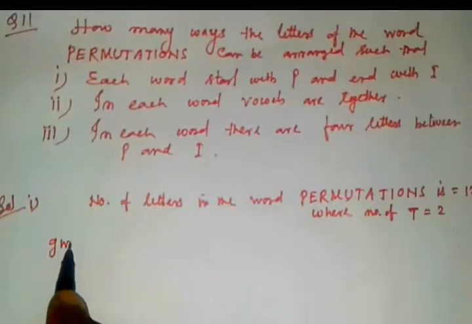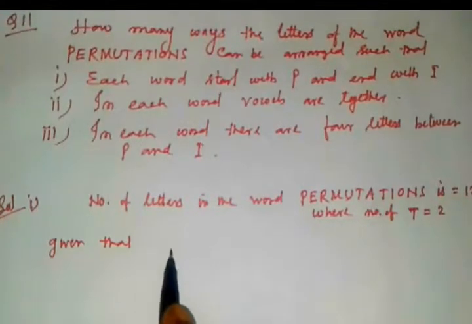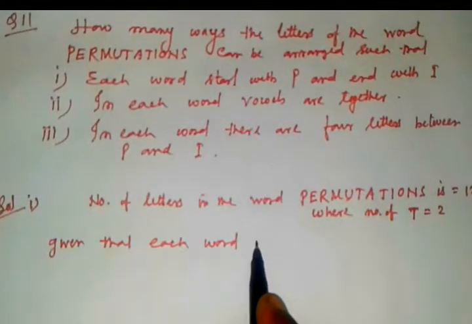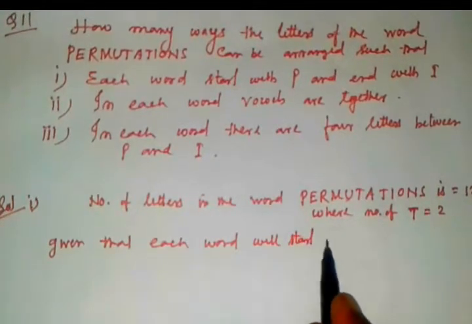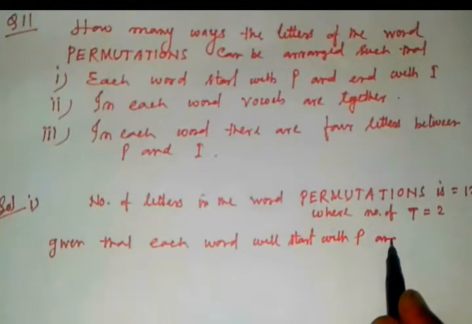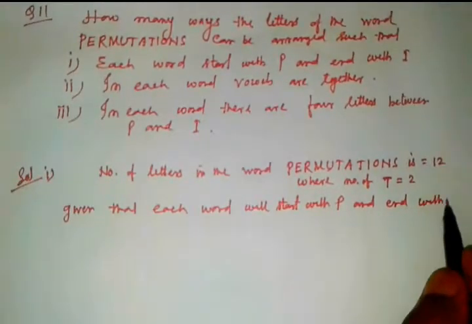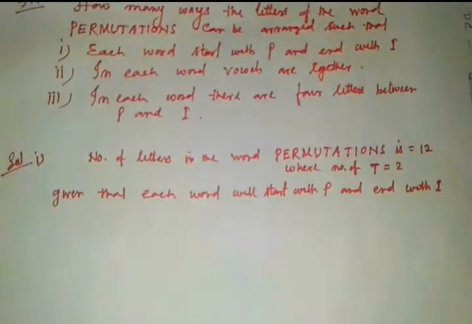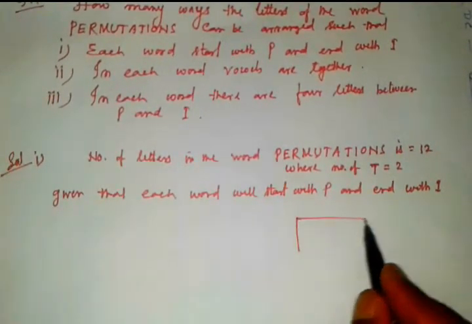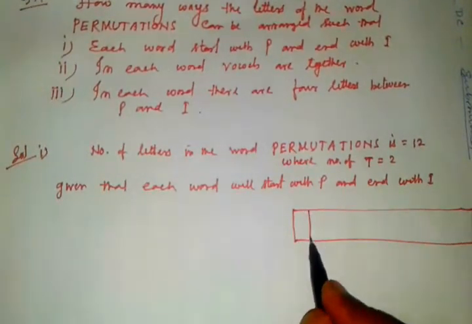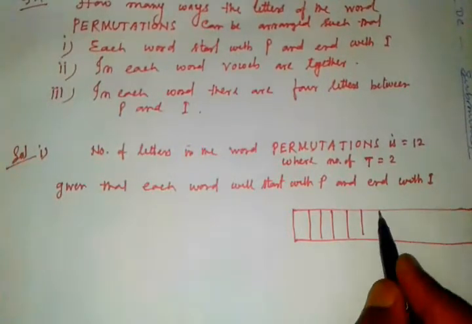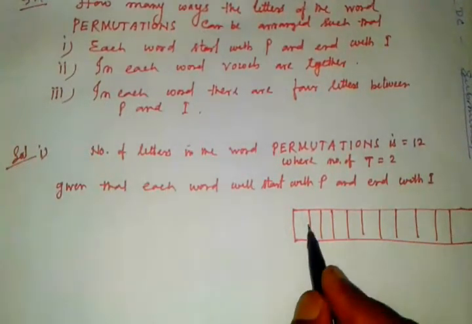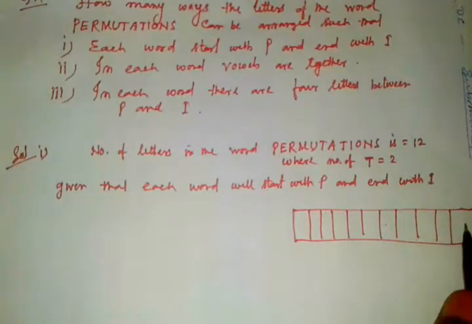Given that each word will start with P and end with I. We can arrange these as follows: 1, 2, 3, 4, 5, 6, 7, 8, 9, 10, 11, 12 letters.